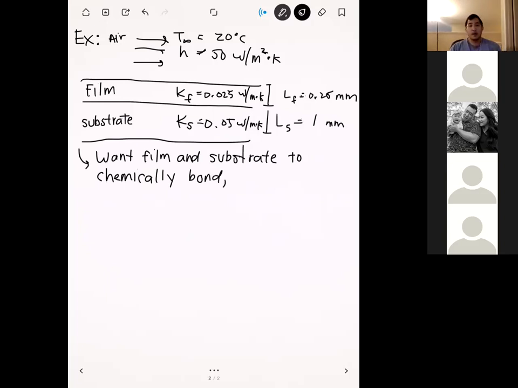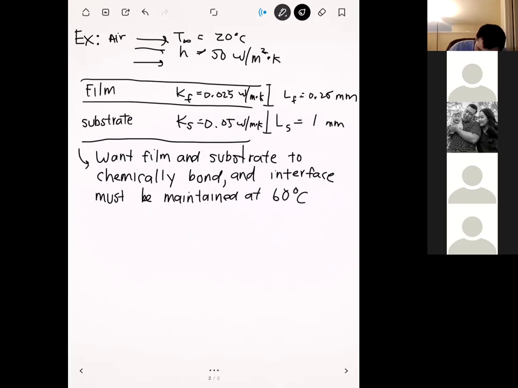Through some chemical analysis, maybe you're working with a chemist, he says in order for them to bond, the interface between the substrate and the film has to be maintained at a temperature of 60 degrees Celsius. So basically, this interface right here, which I've circled in red, has to be 60 degrees Celsius.